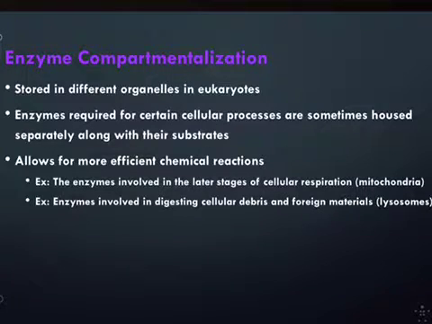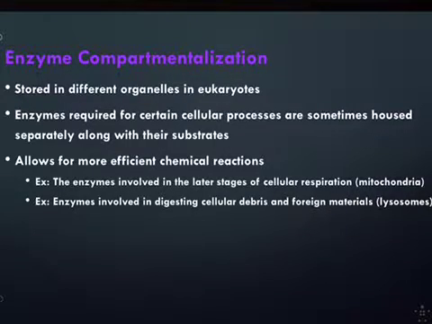Enzyme compartmentalization just is telling you that different enzymes are stored in different organelles based on what reactions happen in that particular organelle. So, for example, the enzymes involved in cellular respiration, which is breaking down sugar, happens in the mitochondria, so those enzymes are going to be found in the mitochondria, compared to enzymes involved in digesting cellular debris and foreign materials, which would be found in the lysosomes, because lysosomes are the recycling centers.